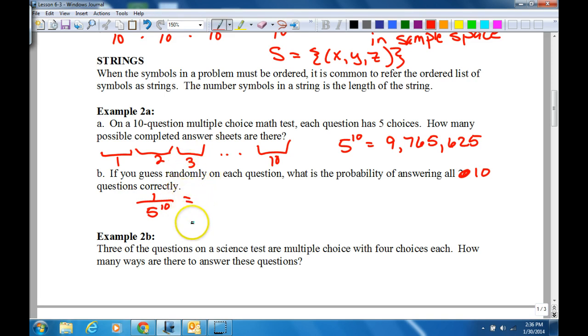Why would it be 1 over that? Because that's the only one time where they all get all of them right. So if you're just guessing randomly on it, okay? 1 over 9,765,625. Okay? That's purely based on randomness.